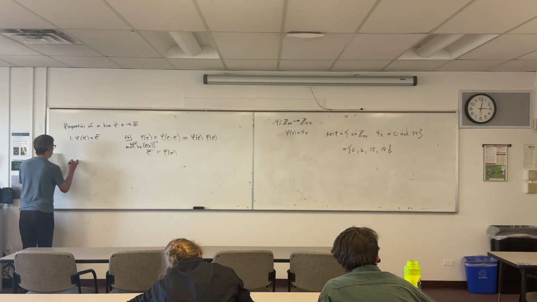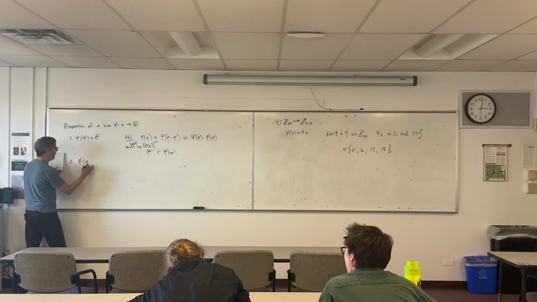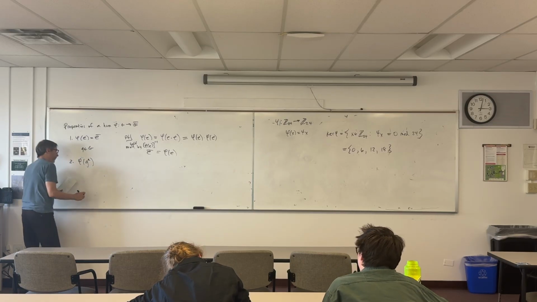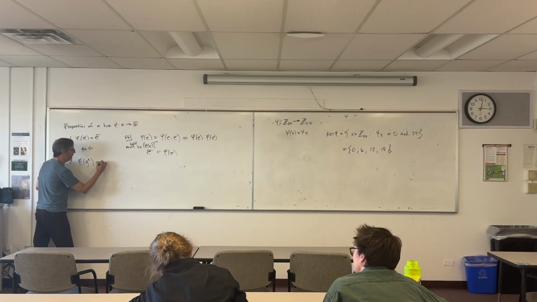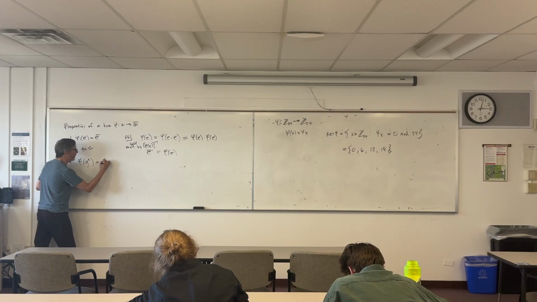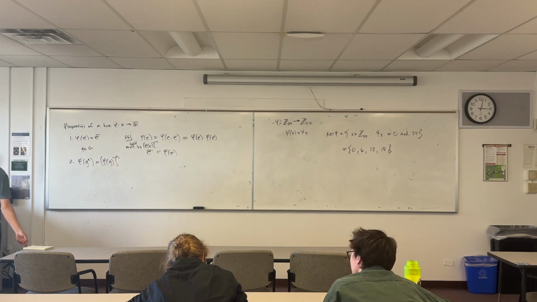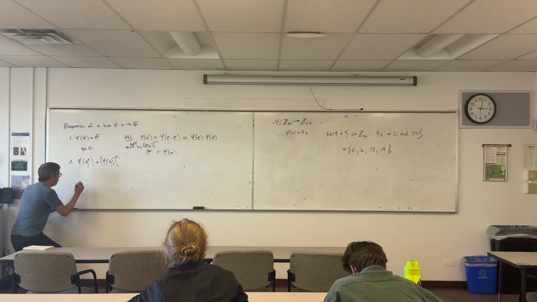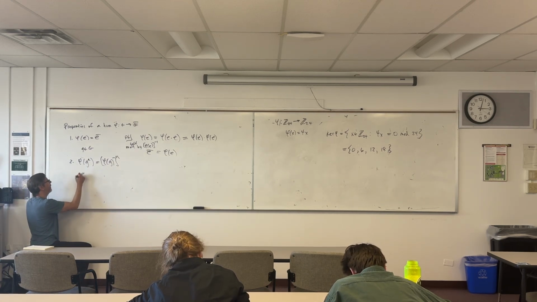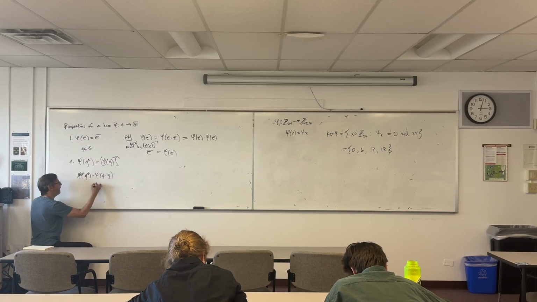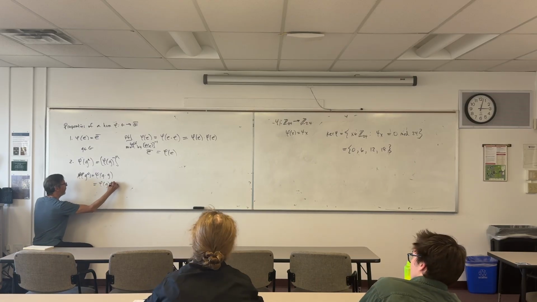We can also prove that for an element G in the group G, phi of G to the n equals phi of G raised to the nth power. You would show that inductively. Phi of G squared is phi of G times G, again just using that same trick.